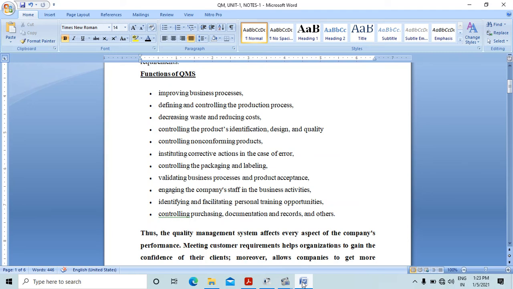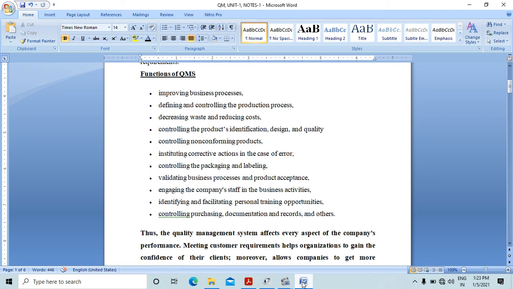Next, defining and controlling the production process, decreasing waste and reducing cost. With the help of the quality management system, the waste is reduced, so the cost of production is also reduced. Next function is controlling the products' identification, their design and the quality.